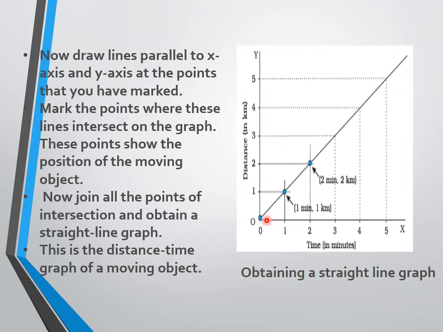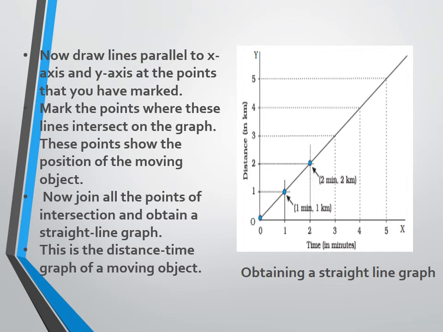Since this graph shows the motion of the car as a straight line, we can conclude that the car is moving with a constant speed or uniform speed.